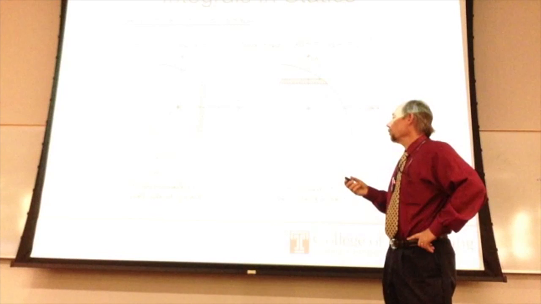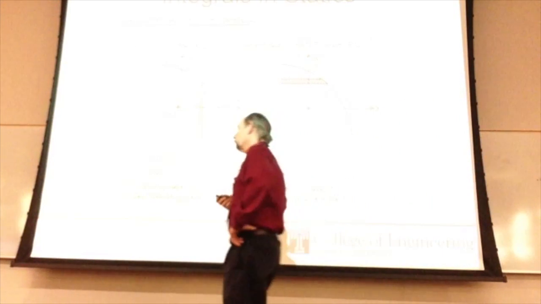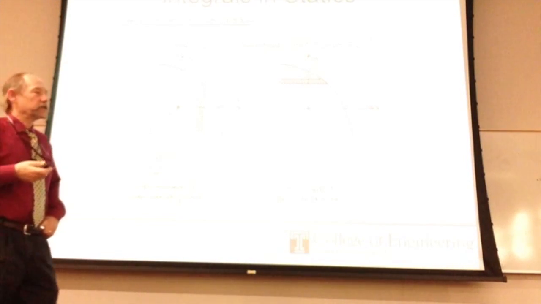So with that in mind, maybe it's intuitive and maybe it's not, but it's important in statics to analyze problems in such a way that you don't induce a moment.